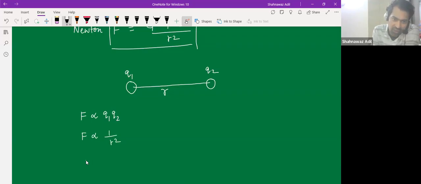When we remove the proportionality, this was Q1 Q2 by r square, and there's this proportionality constant K. So this is called Coulomb's law, right?